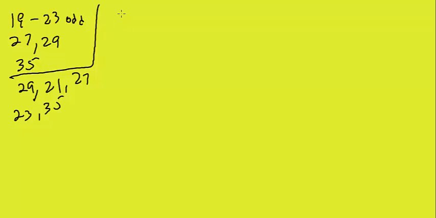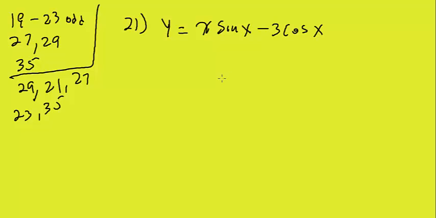Here we go. This is 21. I have y equals x sin x minus 3 cos x, and they want me to find d squared y over dx squared. Before I do that, I'm going to explain where this symbolism comes from.